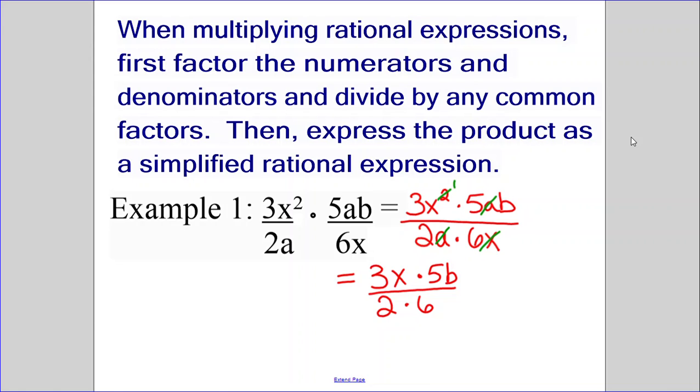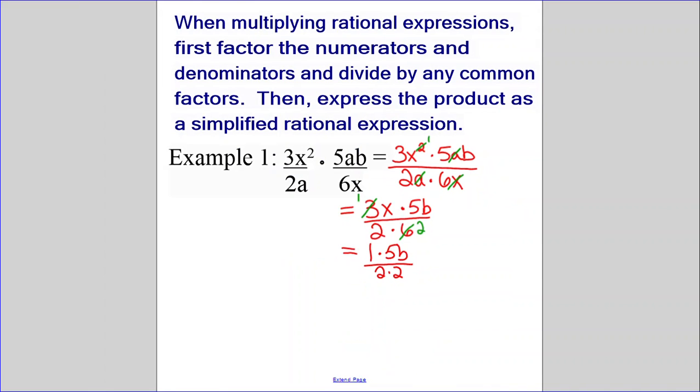Now again, I can reduce this down. I'd have 15 over 12, or maybe we see that this 3 divided by 3 is 1, and this 6 divided by 3 is 2, can make a smaller term and maybe make it a little bit easier to see. So really, I have 1 times 5b over 2 times 2, which is really just the same as saying that I have 5b over 4.